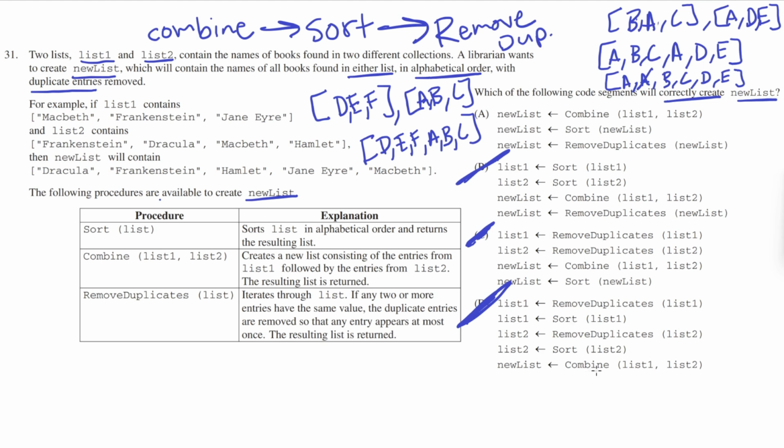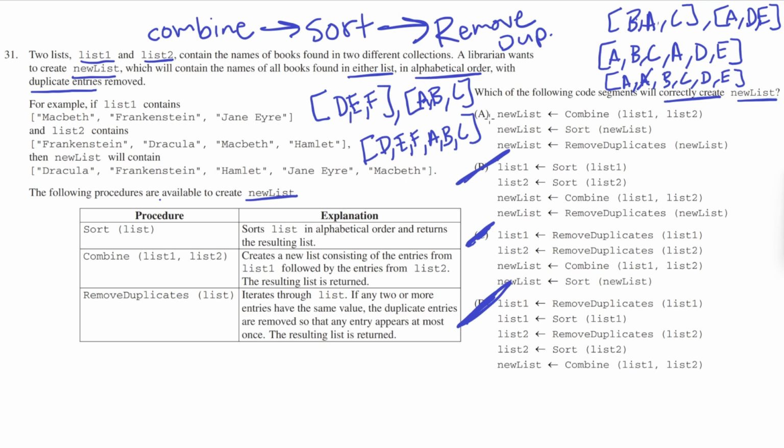So after we combine, there could be new duplicates like A and A in this case. And if we're sorting the list before we combine, we would have an unsorted final list, because adding the two lists together doesn't put them in alphabetical order. It just puts them one after the other. So we would have a D, E, F, A, B, C case again.